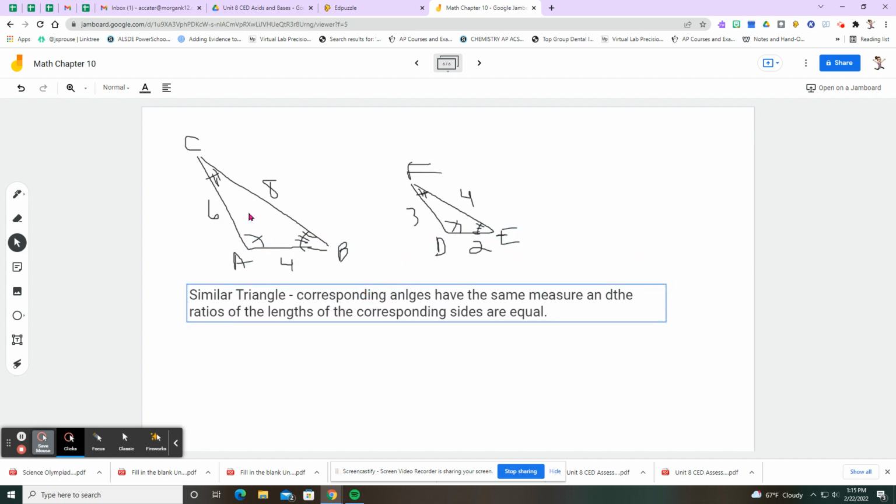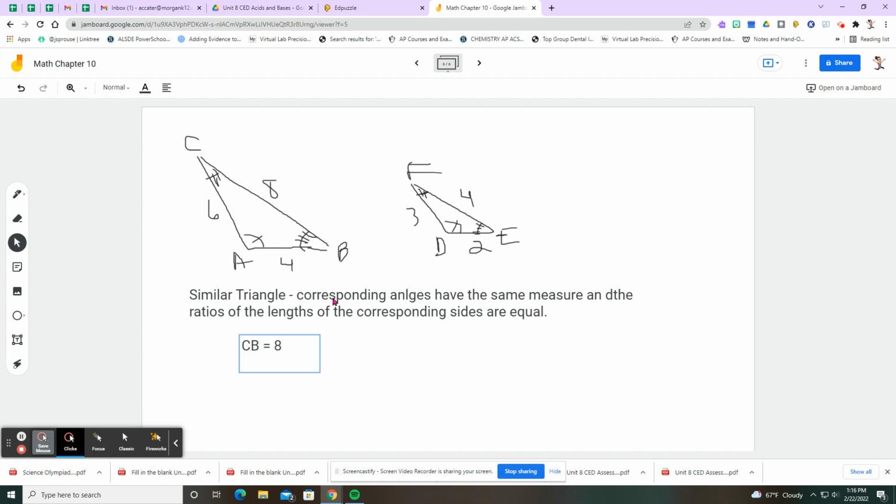So if we look at our example, we see all of those angles are the same. So we got that going for us. Let's look at the corresponding sides. Okay, so here's angle A, the corresponding side to angle A. And the way we write this is we look at the line. So here's A, the side opposite of A would be side CB, and that's equal to 8.